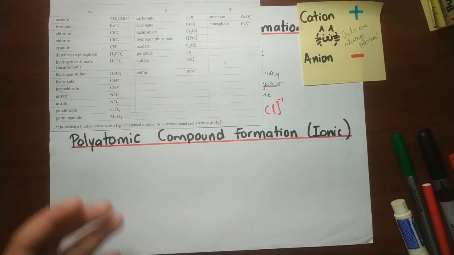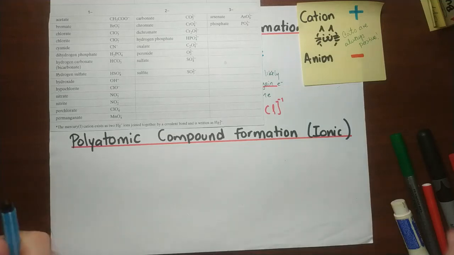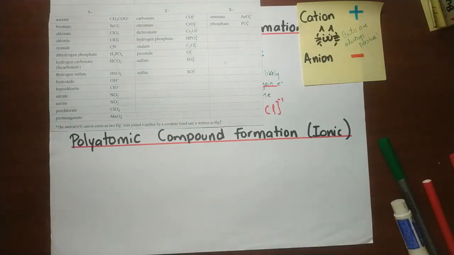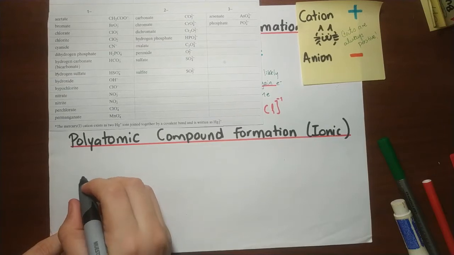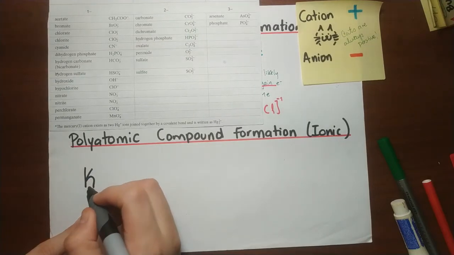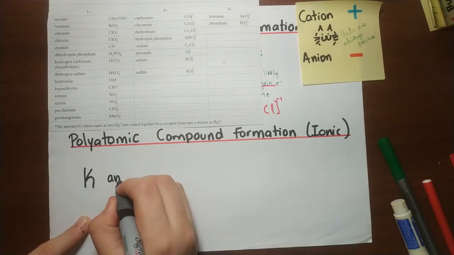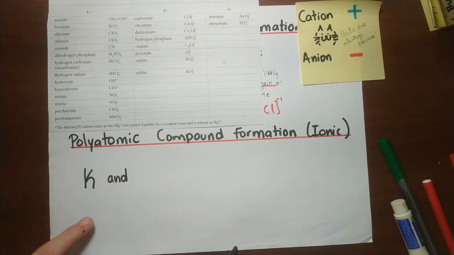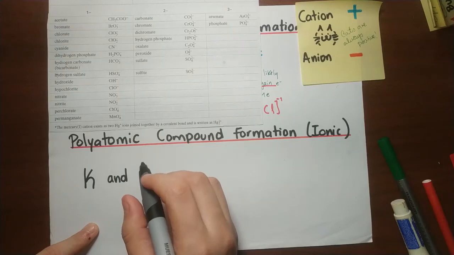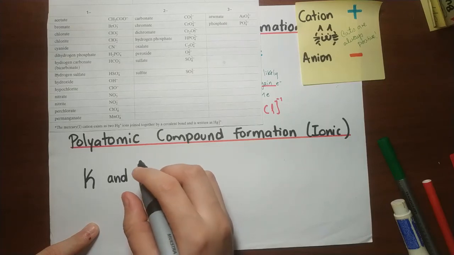Example. We're going to have a compound made of potassium and, let's say, sulfate.